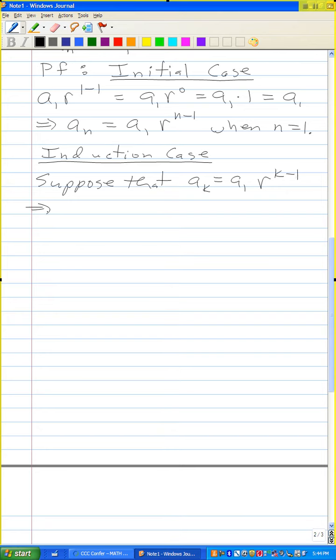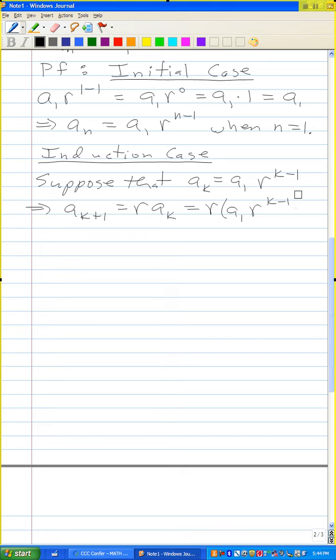Then ak plus 1 is equal to r a sub k, just by the definition of a geometric sequence. And a sub k by the supposition is a1 r to the k minus 1.